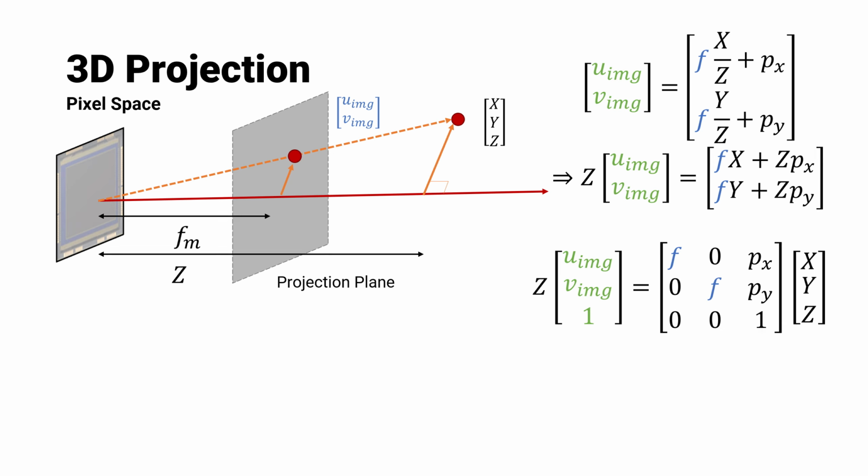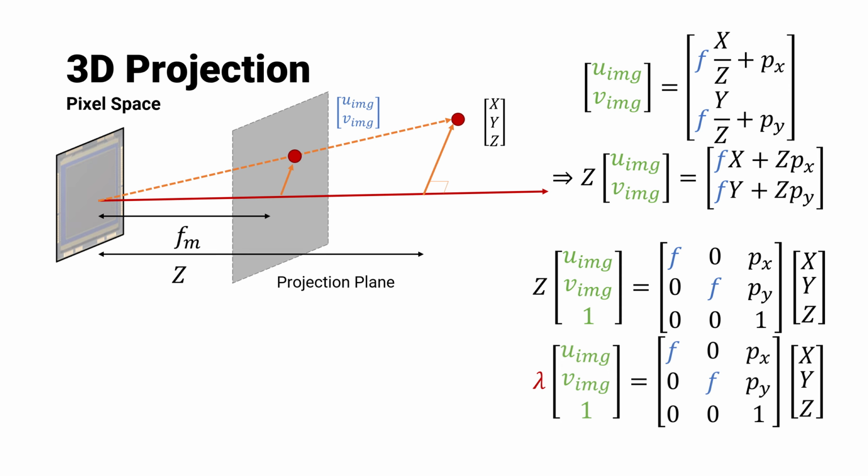And so we have this Z sticking out, which we don't know. Remember, we have lost this value. And then we put this into a nice, beautiful equation. Since we don't know what the Z is, some object can be twice the distance away and twice the height, and in your pixel space it will look exactly the same as if it was half the distance away and half the height. Imagine a 1 meter high object 1 meter away.